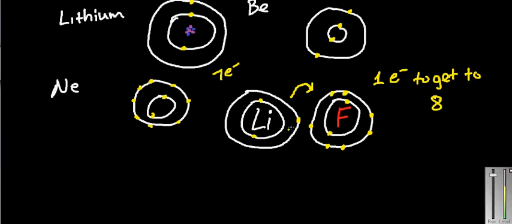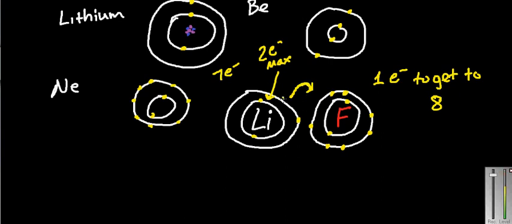The shell's not really going to leave, but he's just not going to have any electrons in it, and he can focus more on this more stable shell, which we know the max number of electrons you could have in this first shell is 2. That's what we talked about. So he's basically going to resemble helium, which is much more stable because he's reached that max number in the first shell. So again, lithium is going to be more willing to give up this electron.